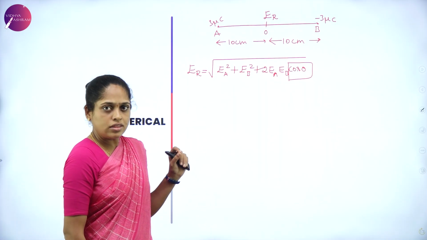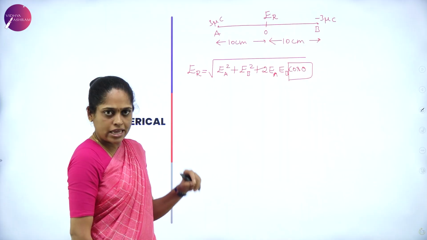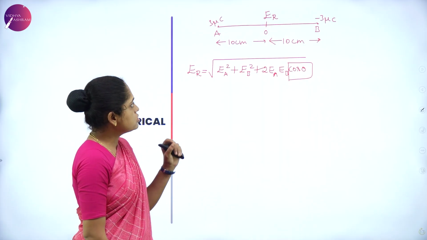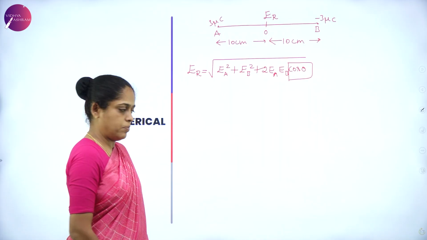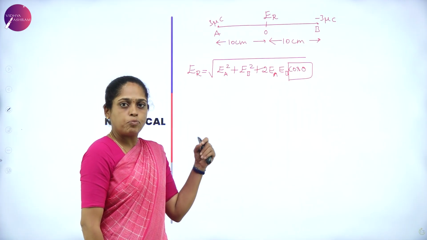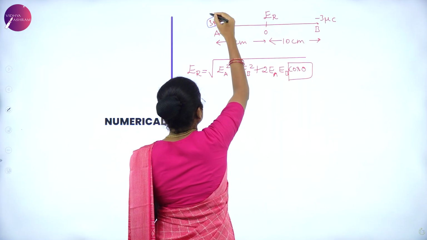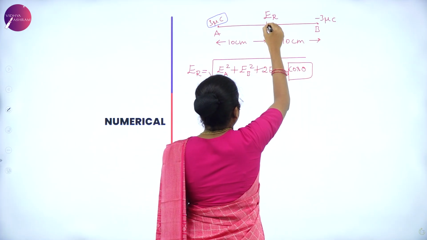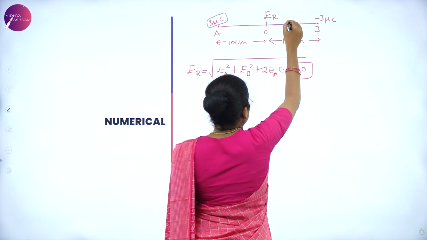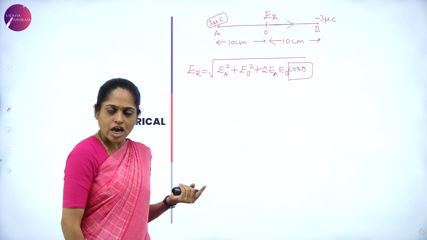Yes, to find the theta, you have to draw the direction of EA and EB at midpoint. Let us know the direction of EA and EB. The direction of 3 microcoulomb, which is at point A, and due to this charge, the direction of electric field at midpoint is away from the charge.